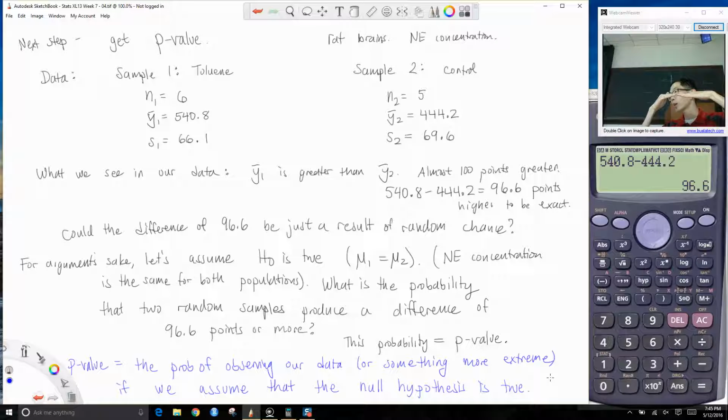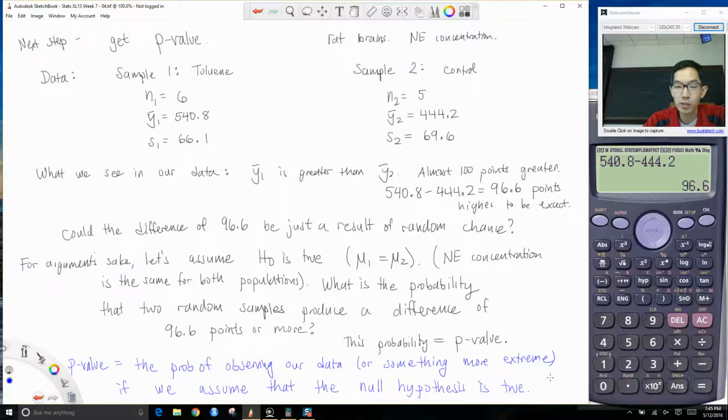In the population, the mean of population 1 and the mean of population 2 are actually the same. What is the probability that random chance will end up giving us a sample where the difference we observe is 96.6? That's what we want to know.